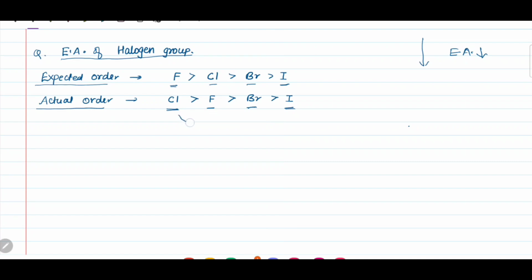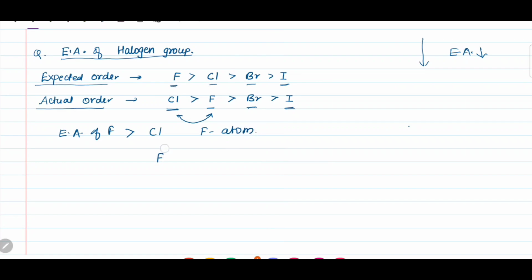Here we see a variation in terms of chlorine and fluorine. Let's try to understand this. Actually, the electron affinity of fluorine is less than that of chlorine because it has a very small size.